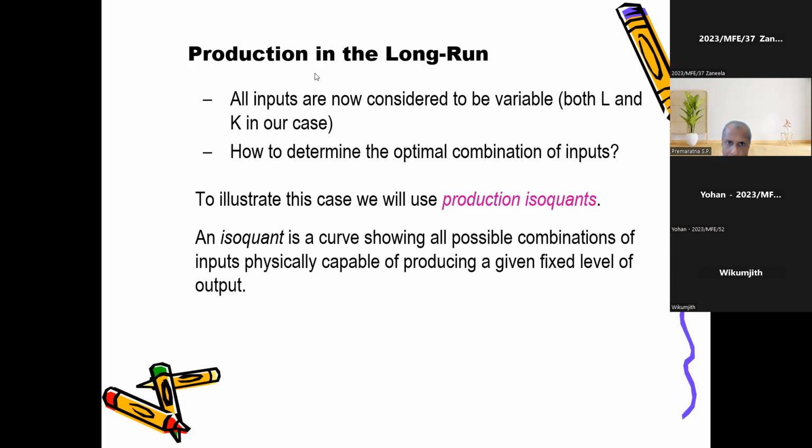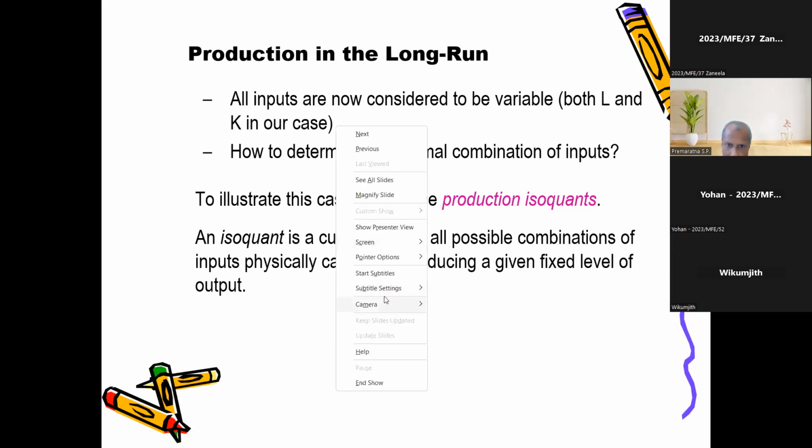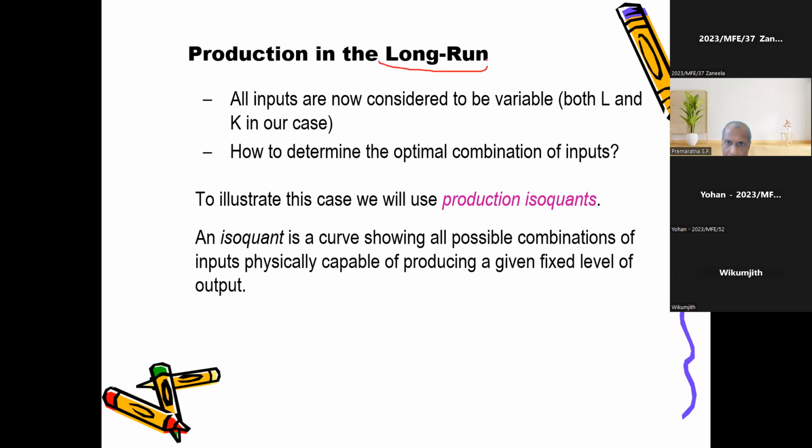And when you come to the long run decision, the theory or concept applied is returns to scale to understand the long run decision. Two instruments we have to look at and understand.